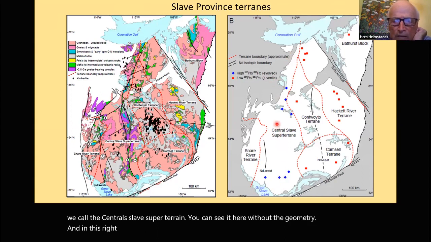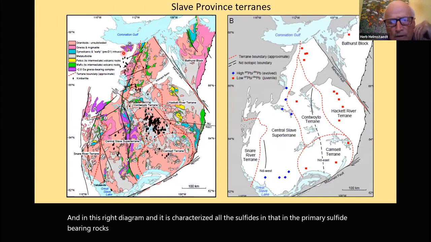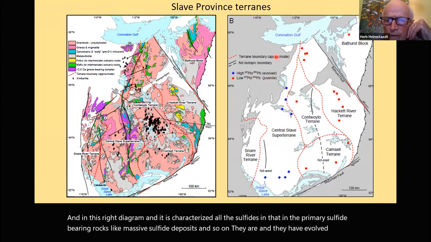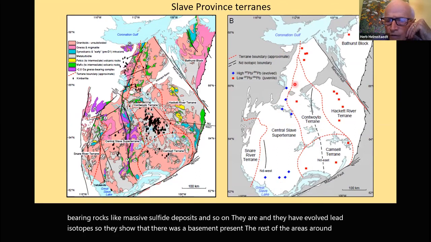It is characterized by all the sulfides in the primary sulfide-bearing rocks, like massive sulfide deposits and so on, having evolved lead isotopes. So they show that there was a basement present. The rest of the areas around this are accreted terranes.